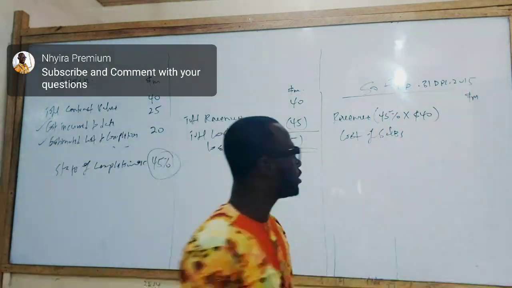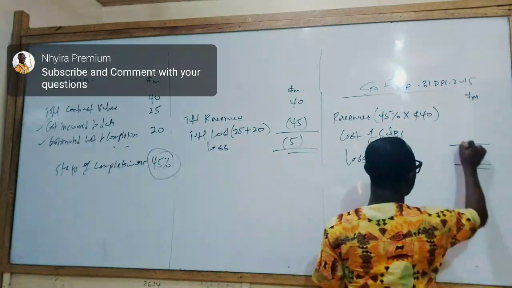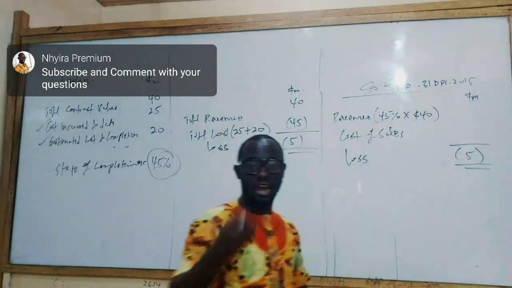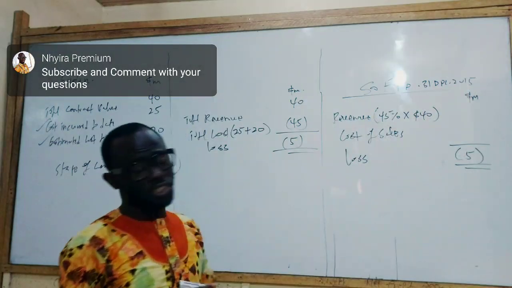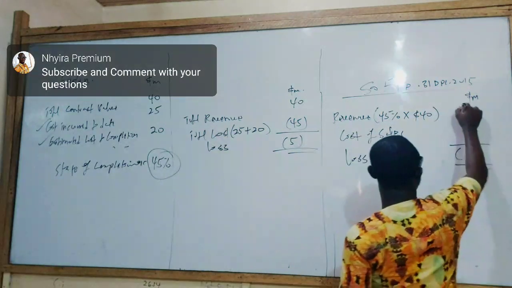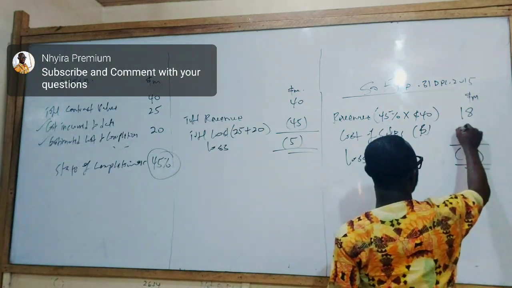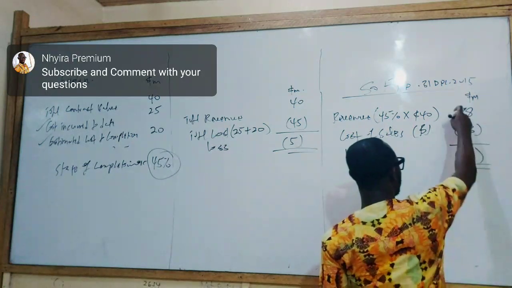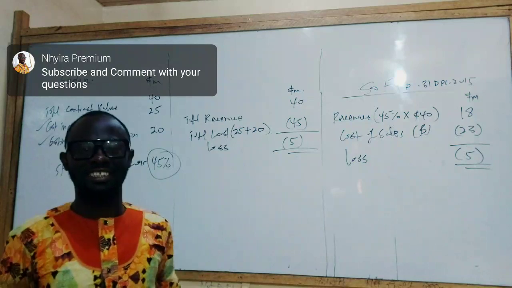Then the loss that we recognize, all of the loss will be written off in the current year under consideration. And so 45% of 40 million, we are supposed to get 18. And so the balancing figure, which is cost of sales, will be 23. So when you take this out, it gives you a negative of 5. This is the answer to this question.